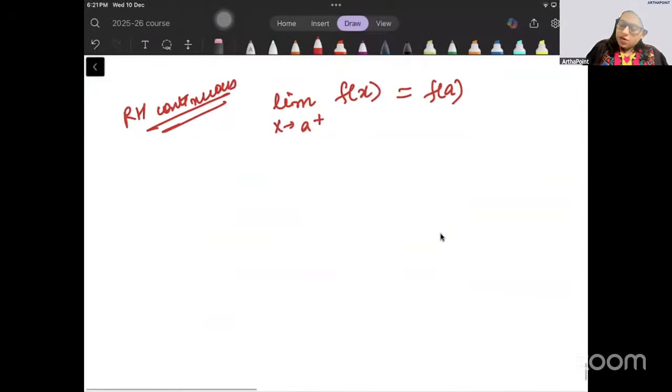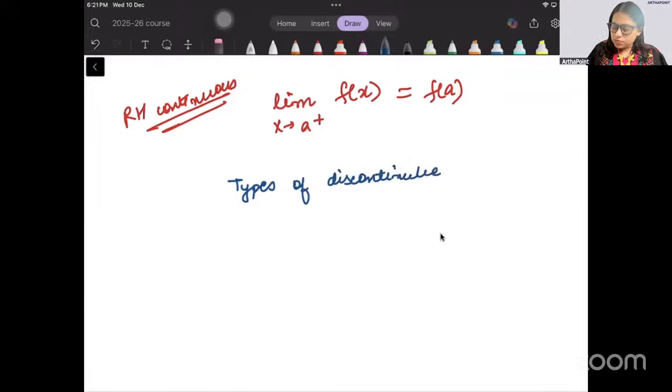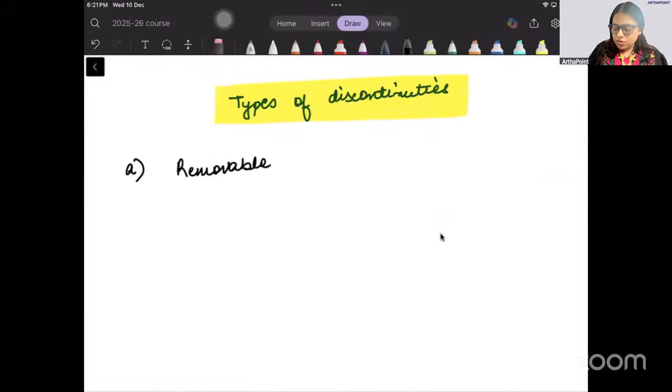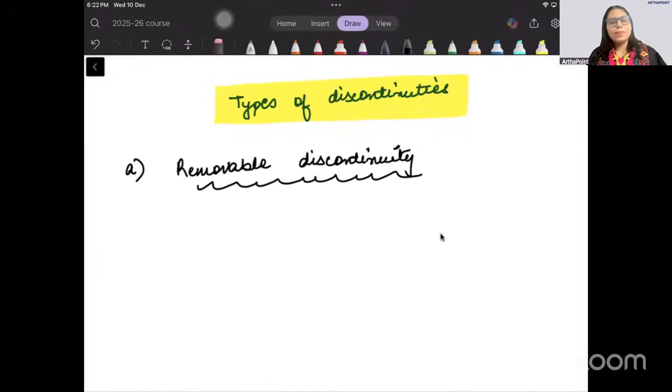Then we have the types of discontinuities, in which the first one we have is called removable discontinuity.